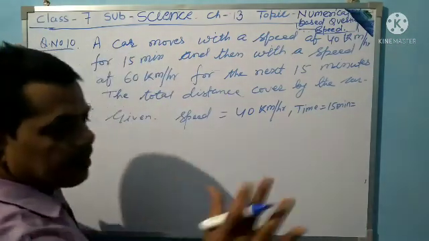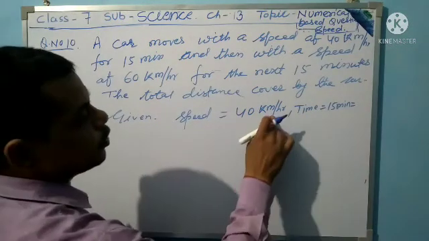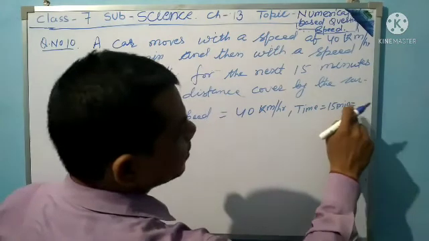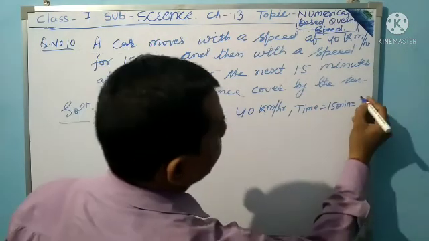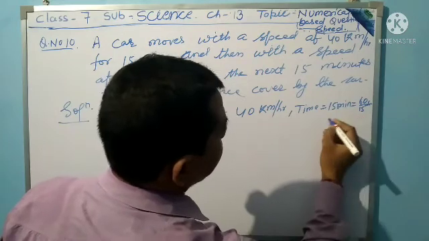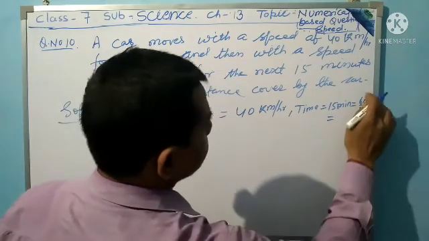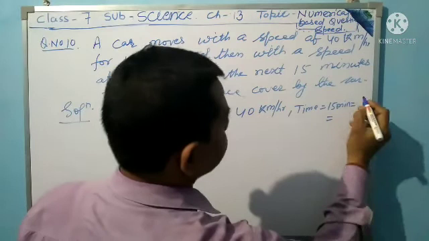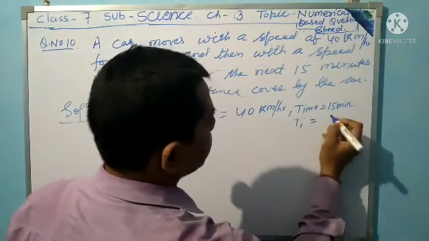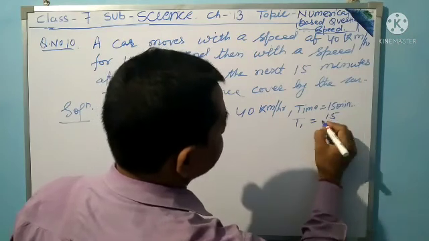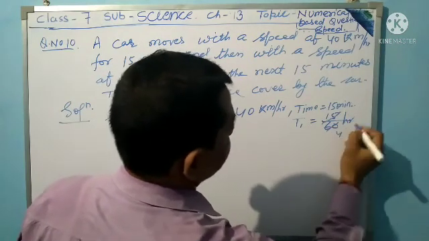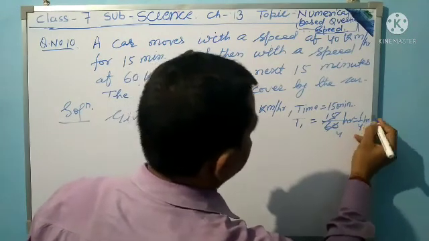First thing, be careful about the unit. So 15 minutes is 15 by 60 hour, that is 1 by 4 hour.